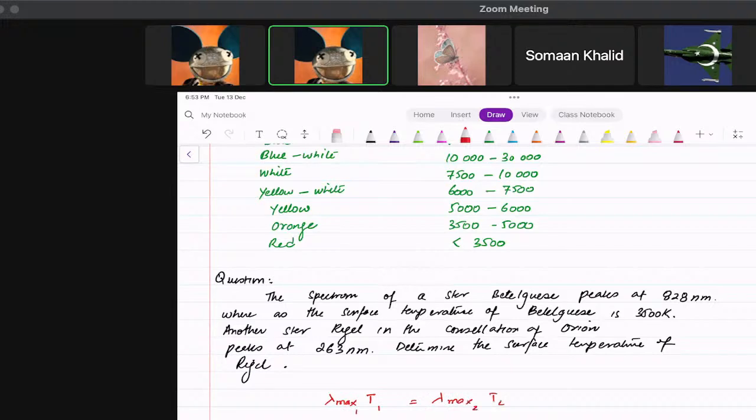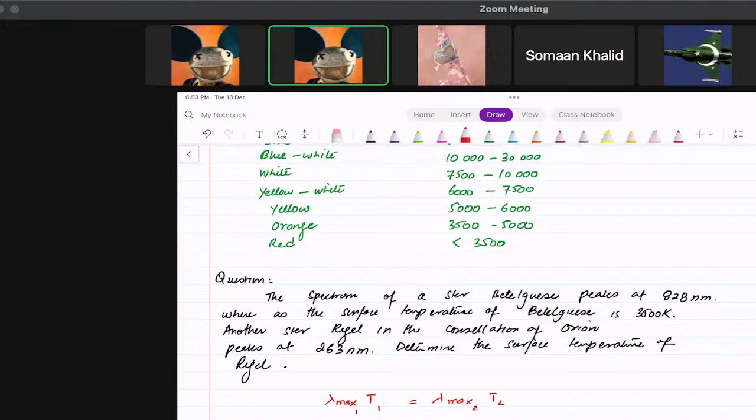You don't even need to change anything. 3500, and this is 263, and so it should come out to be 11,000 kelvins, right?